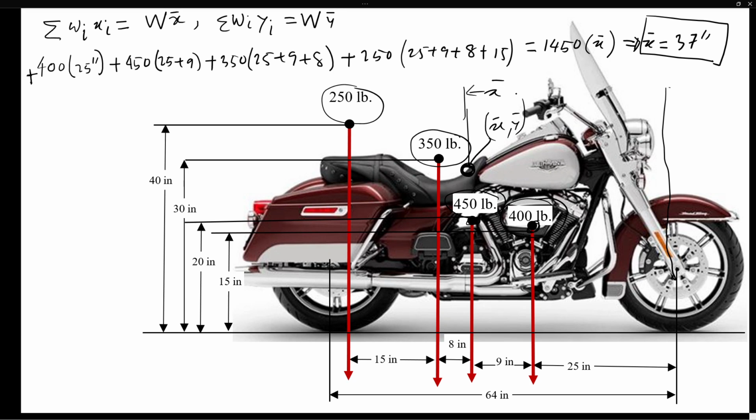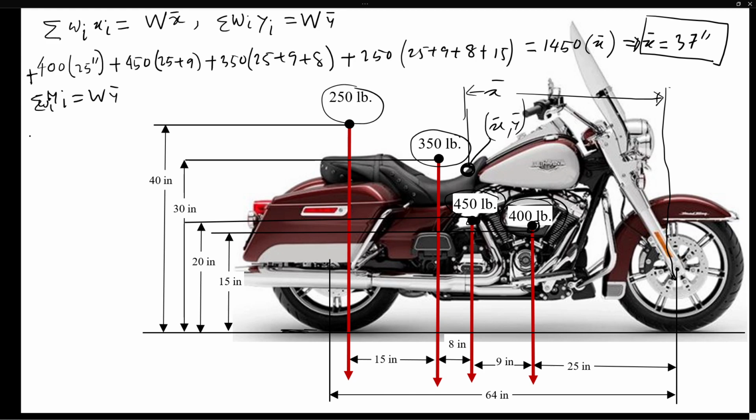Now when you determine y bar, you lay this motorcycle flat and take the moment with respect to the ground at this line. If you do that, the same thing applies: the summation of y_i w_i would be the same as the total weight moment.